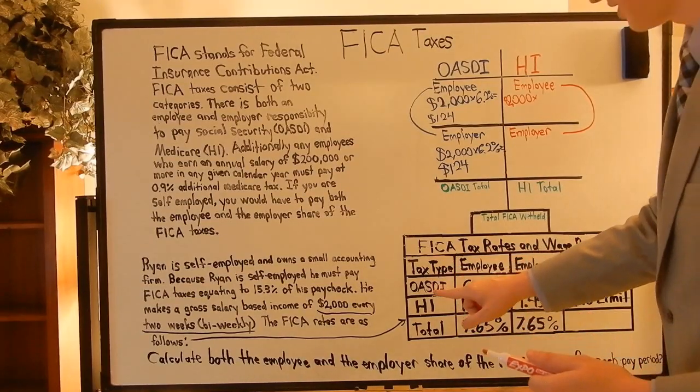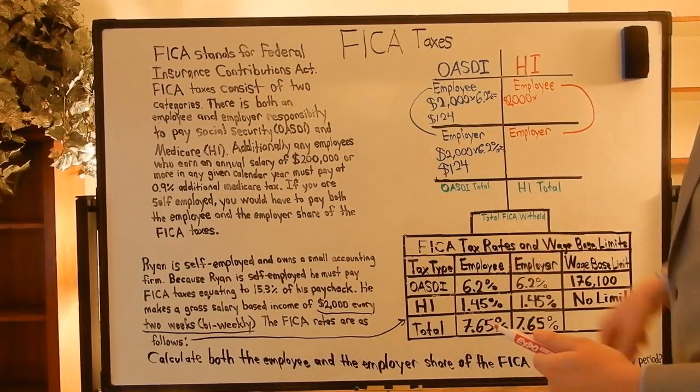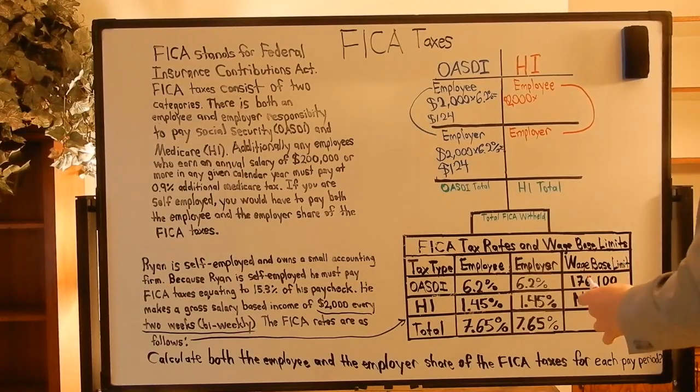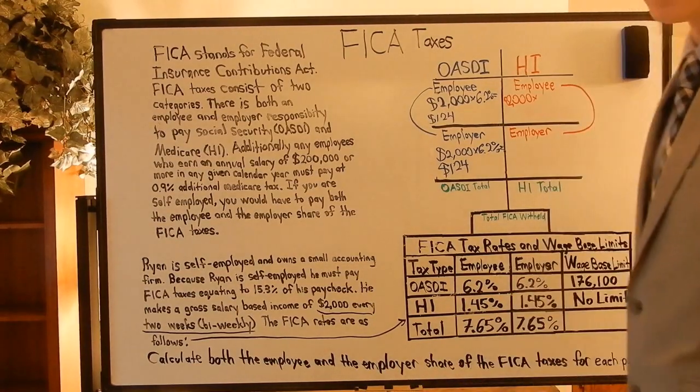So tax type, OASDI, and HI. Then you have the employee and the employer, and then the wage-based limit. The wage-based limit for OASDI is $176,100 as of 2025.